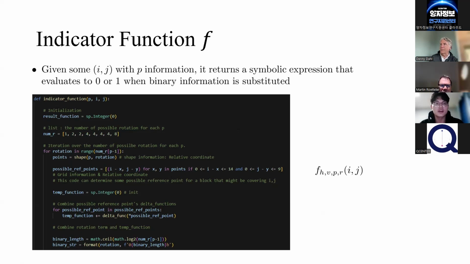For example, if there are four possible rotations, the binary string would have a length of 2, and the function multiplies expressions like r0 times (1 minus r1) to ensure that it only contributes to the indicator function when the rotation variables match that specific rotation. This selective filtering ensures that the term contributes only if both the position and rotation of the piece match the setting that causes it to cover i, j.